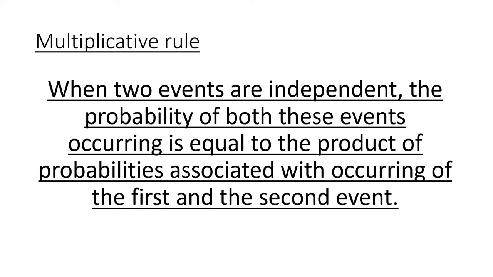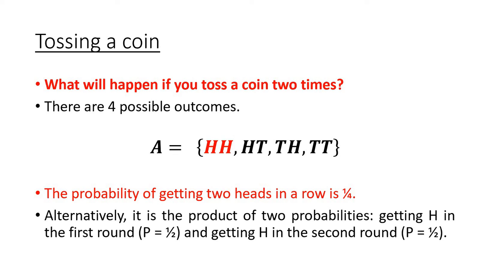So when 2 events are independent, I will get back to this, the probability of both these events occurring is equal to the product of probabilities associated with occurring of the first and the second event.